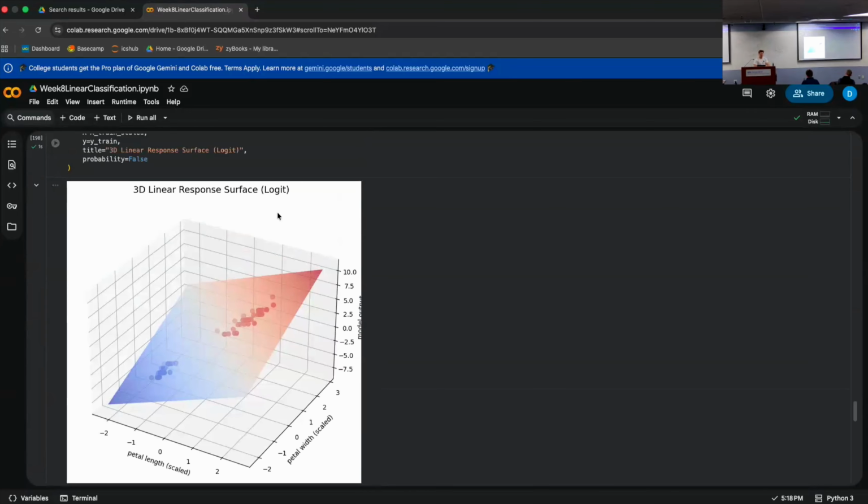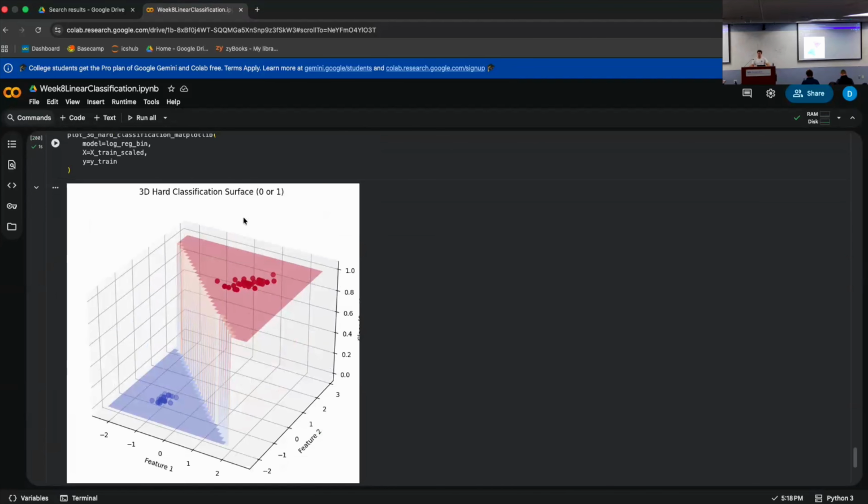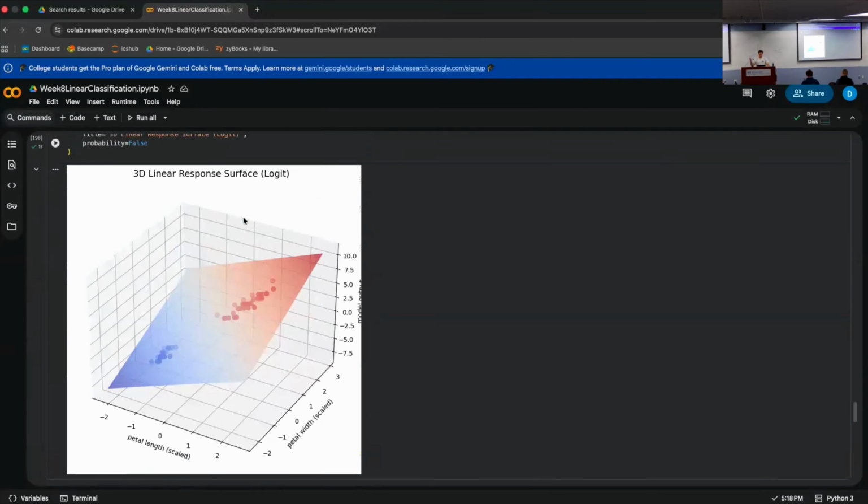This is the raw output of the model, your probability of being either one or the other. And then this one is whether the output of your model says one or the other. So if you wanted to just use the probabilities, you don't need the hard classifier, just leave the sigmoid. But if you want the discrete output, then you apply that.